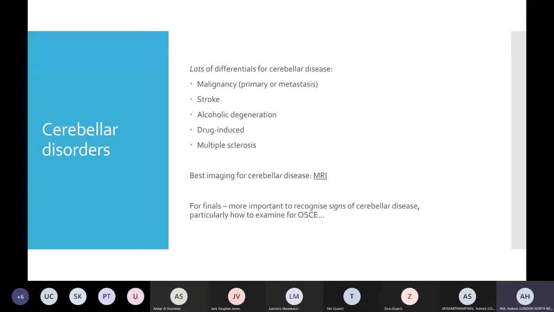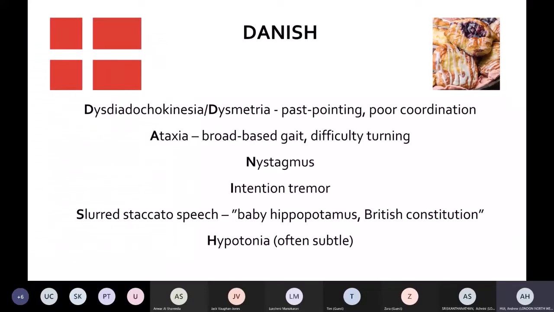But as this slide suggests, it's really important to recognize the signs of cerebellar disease, particularly how to examine them for OSCE. And there's this fantastic acronym which makes me hungry, DANISH. This is a really important acronym to remember.